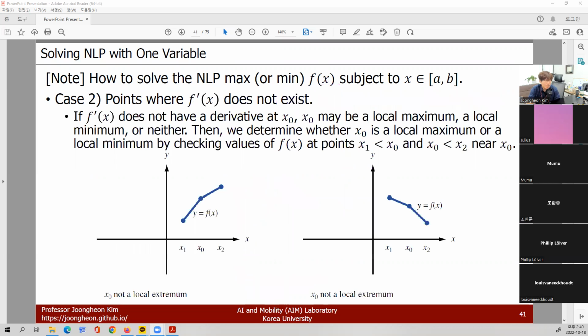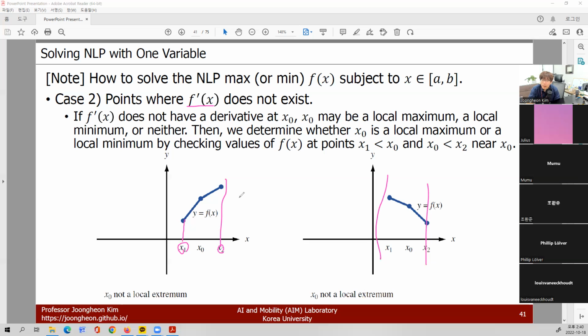So in this case, you have to think about the case where the first order derivation does not exist. In that case, it means that your stationary point does not exist at all. So when your interval is x sub 1, x sub 2, there is no stationary point in the given interval. On the right-hand side, the situation is almost the same. There is no stationary point between x1 and x2.